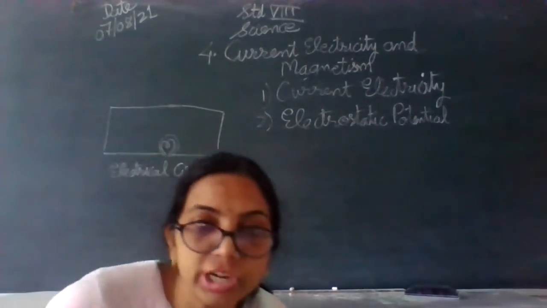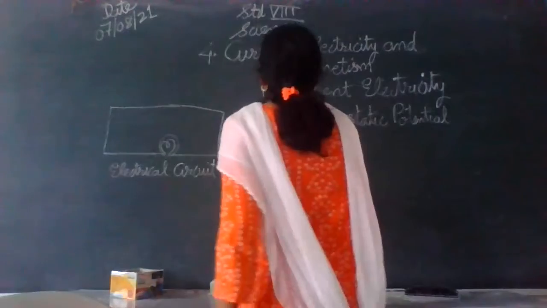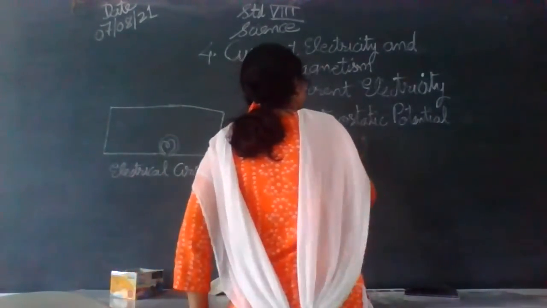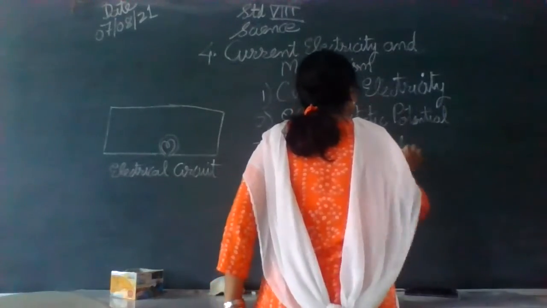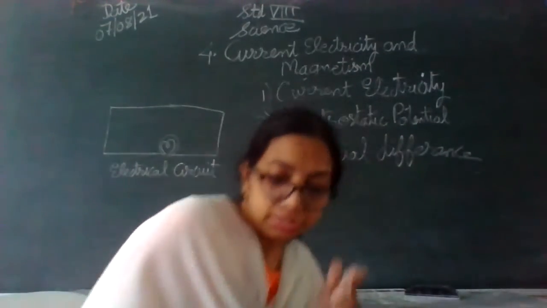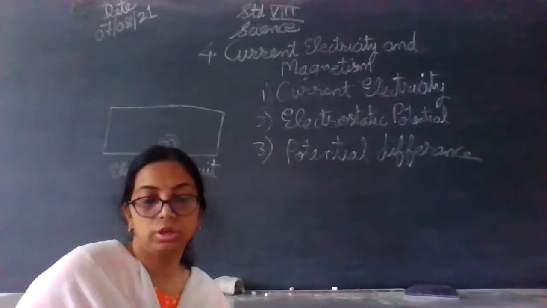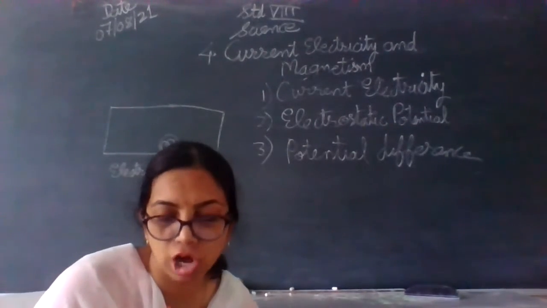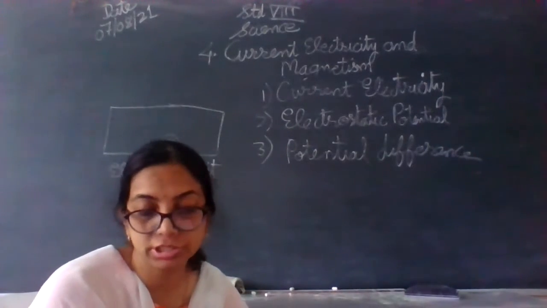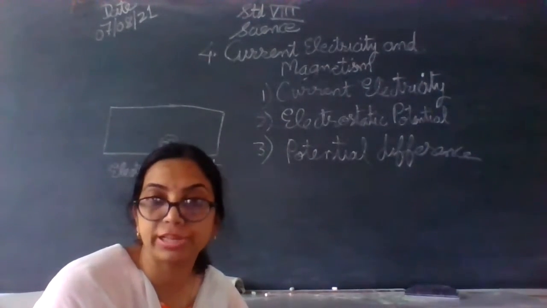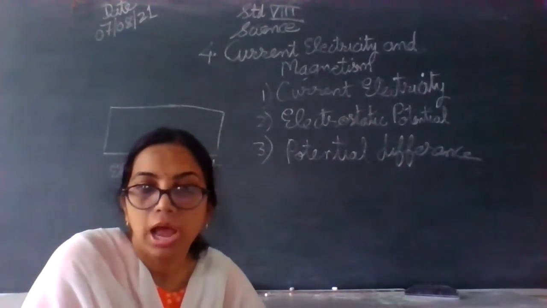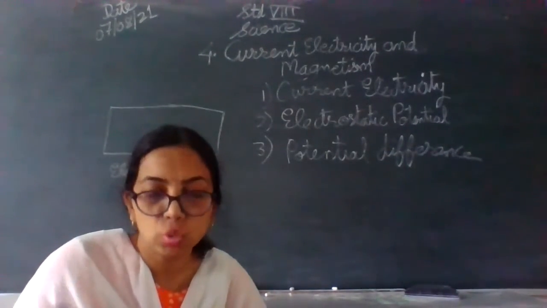Third one is potential difference. Now what is potential difference? So similar to the height of any waterfall, from above the water is falling down, isn't it? Or the temperature difference of hot and cold things. Something is very hot and slowly becoming cool.